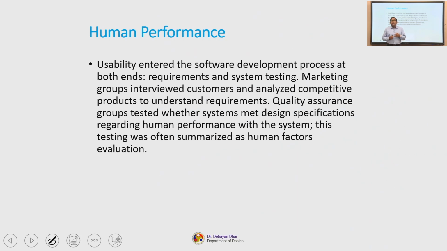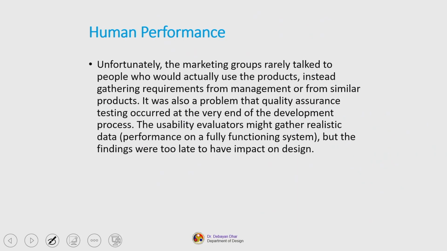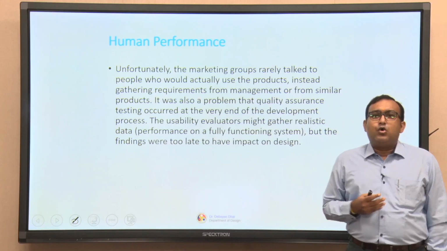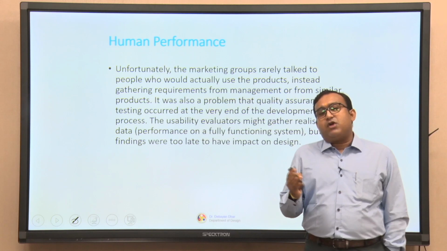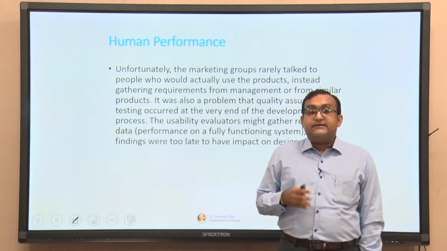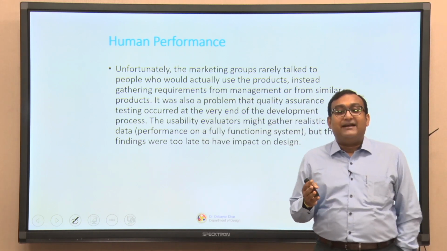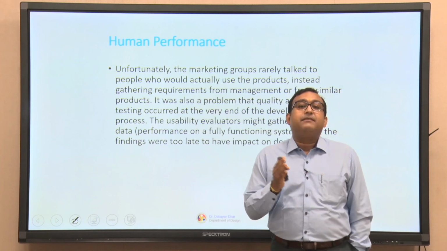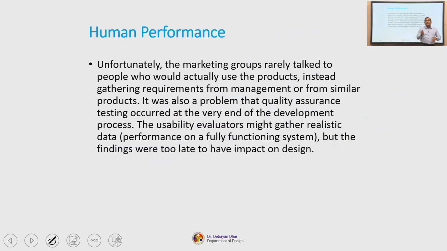This testing was often summarized as human factors evaluation. Unfortunately, the marketing groups rarely talk to people who would actually use the products, instead gathering requirements from management or from similar products. These led to serious issues in defining actual need and requirement of end users.